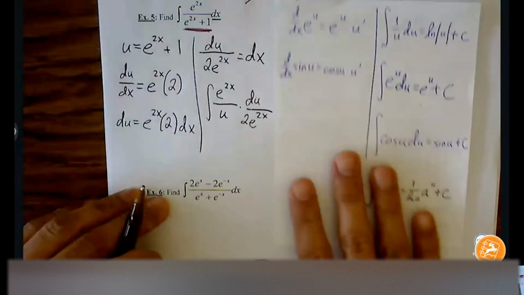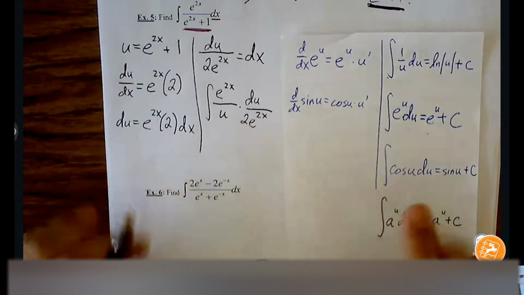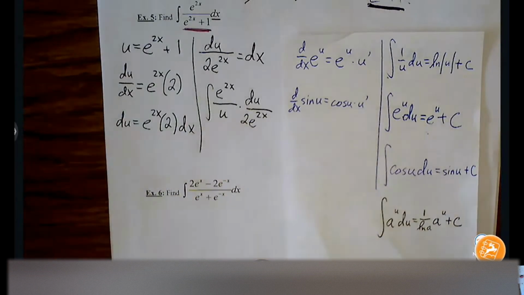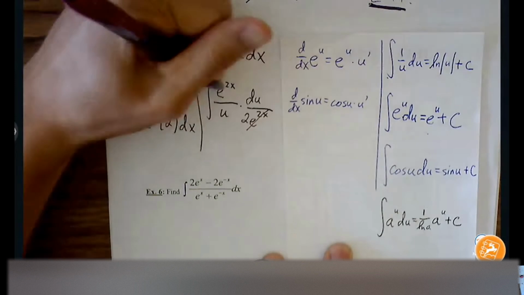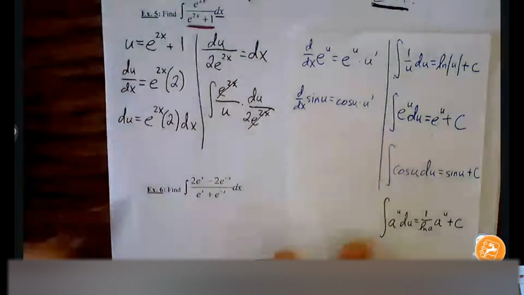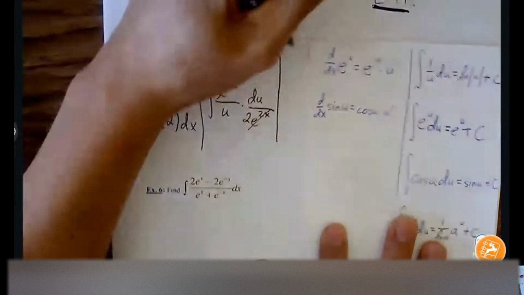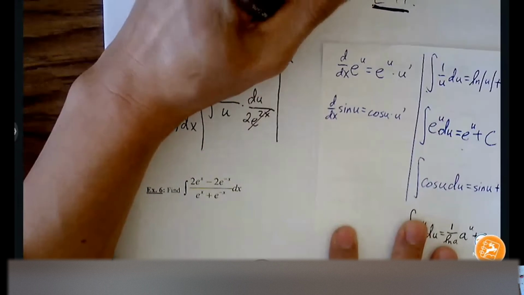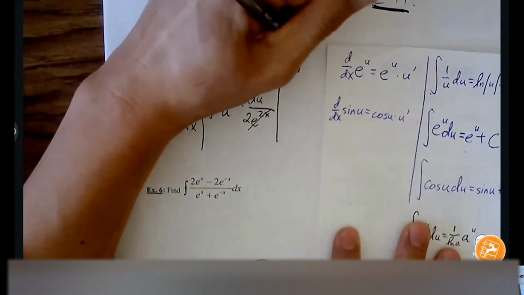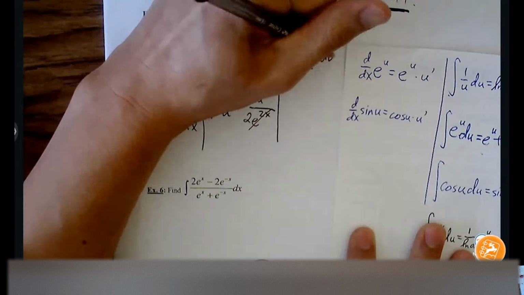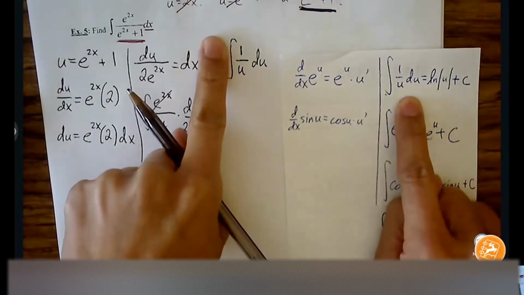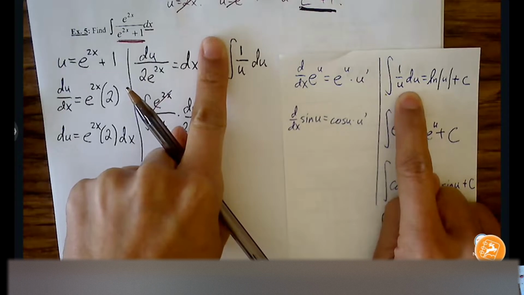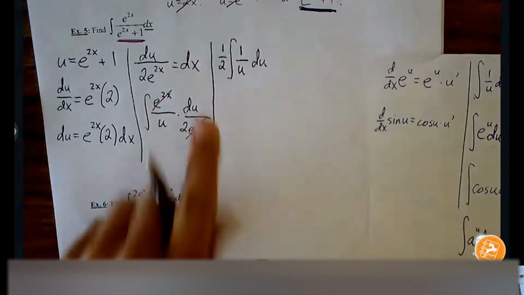All right, what do you see here? Except for the 2, which we can push out as 1/2. Now, once you get past that 1/2, we should get a perfect match with a rule that we can use. And we do. Cover up that 1/2. There should not be any changes with our rule that we want to use.